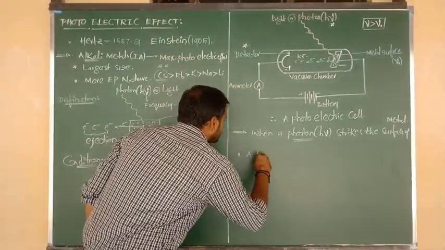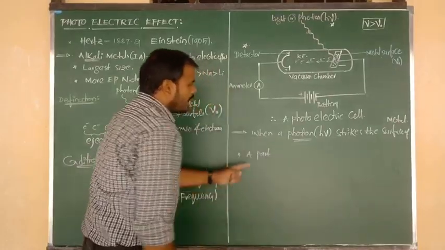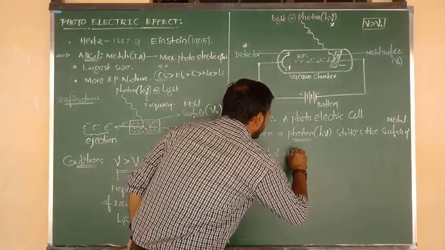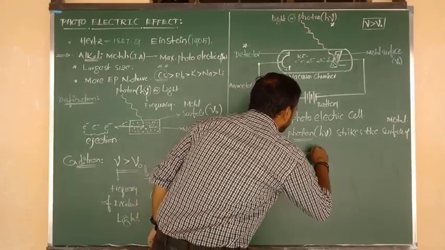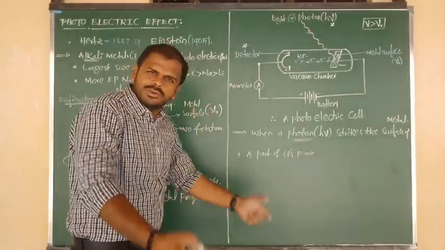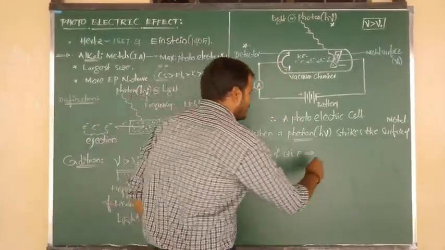Number 1, a part of the photon energy, or we can say a part of its energy, we are utilizing for the removal of electron.